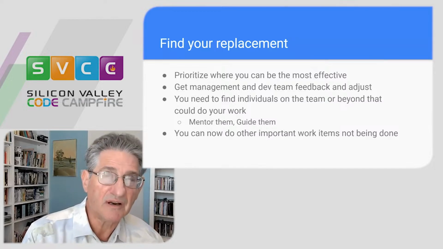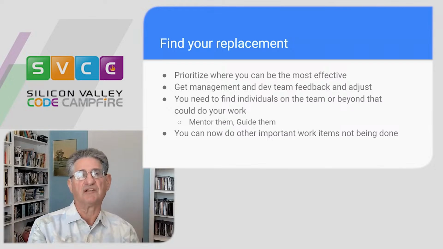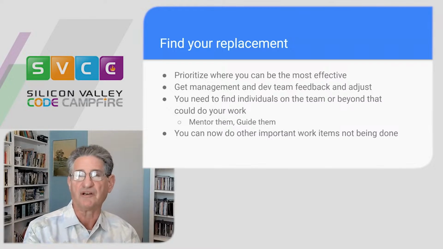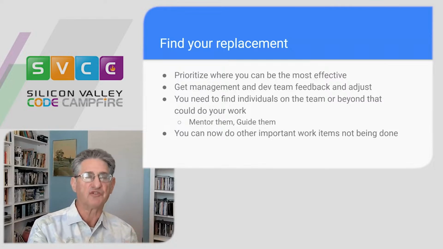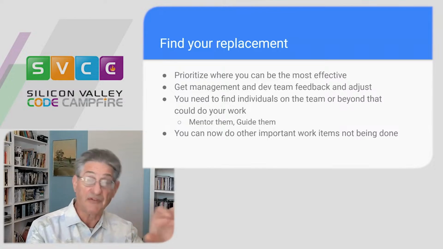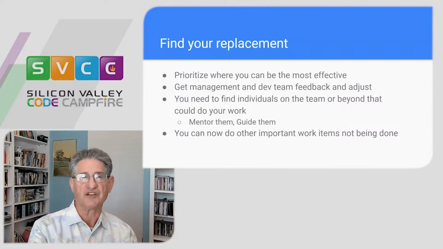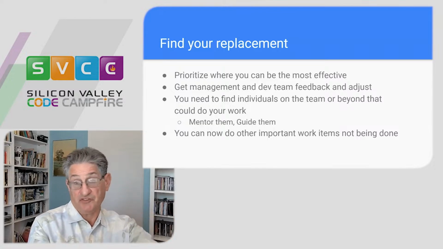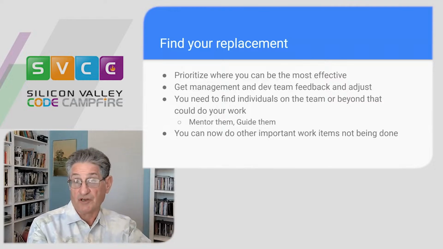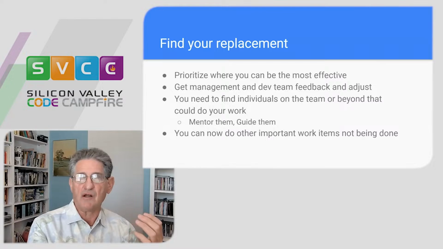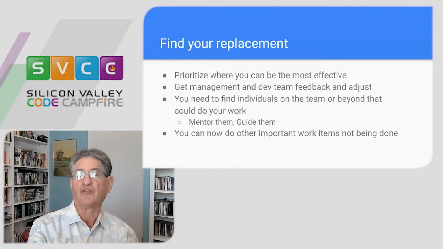And now, this is the aspect of replacement, where I meant replacement, is you need to find individuals on the team or beyond the team, whatever within your organization. I mean, even if it's somebody outside, maybe bring people in, but at least within your organization that you feel have the basis, the capabilities of being an architect, a software architect.